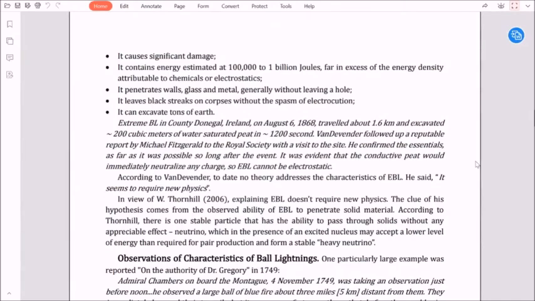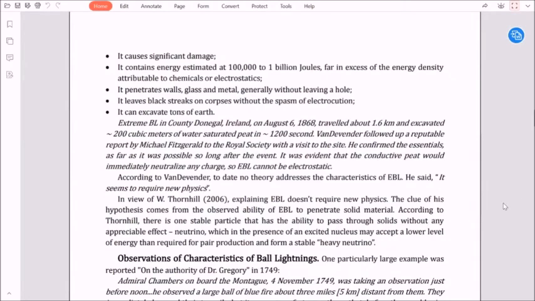In view of Thornhill in 2006, explaining extreme ball lightning does not require new physics. The clue of his hypothesis comes from the observed ability of extreme ball lightning to penetrate solid material.